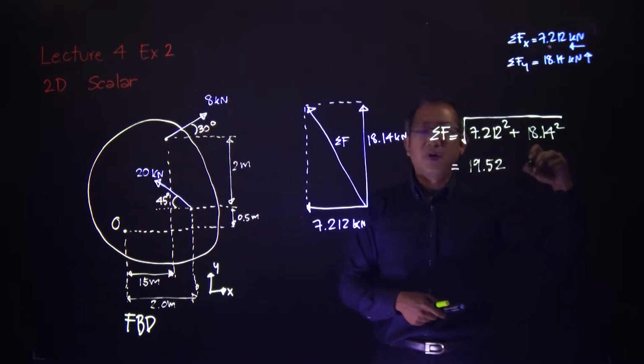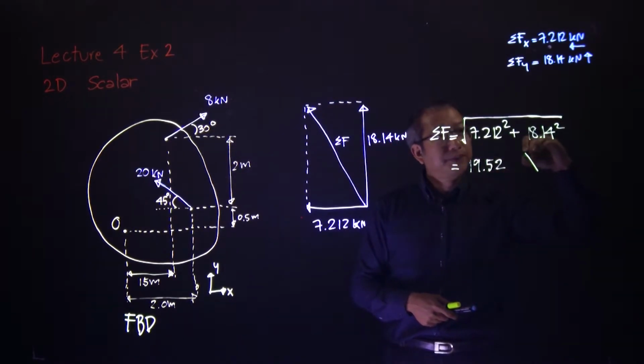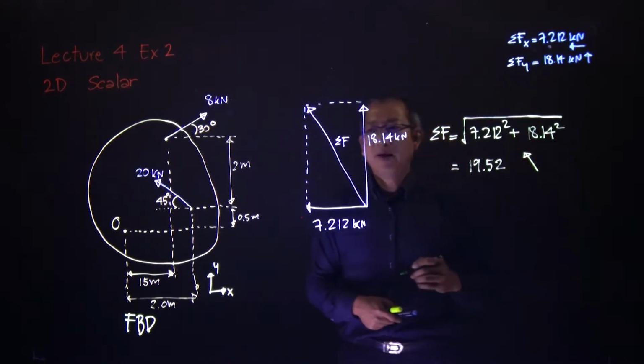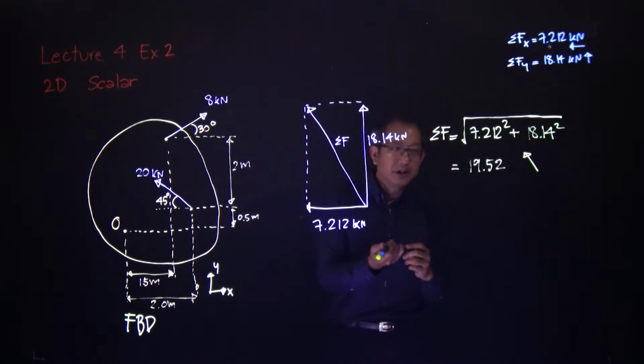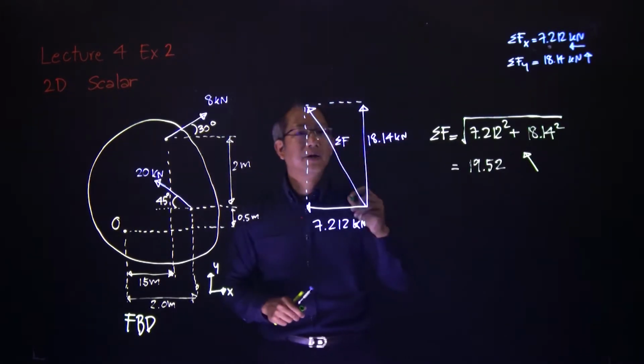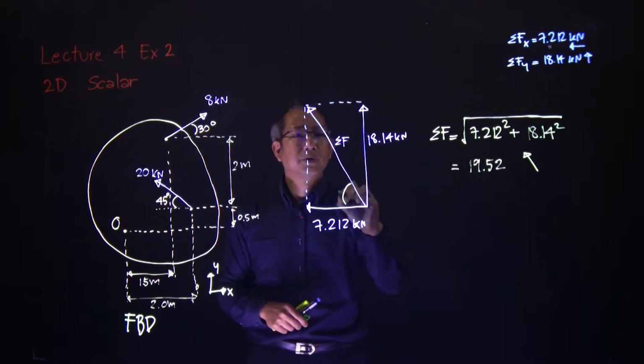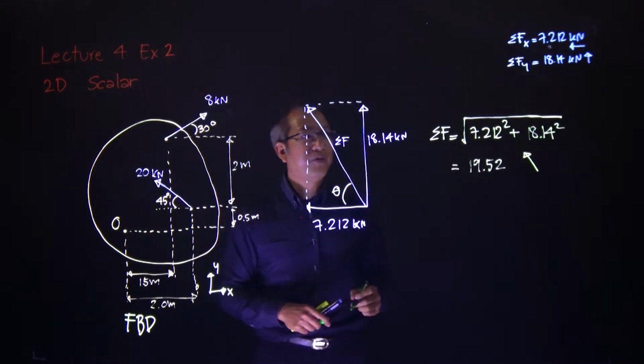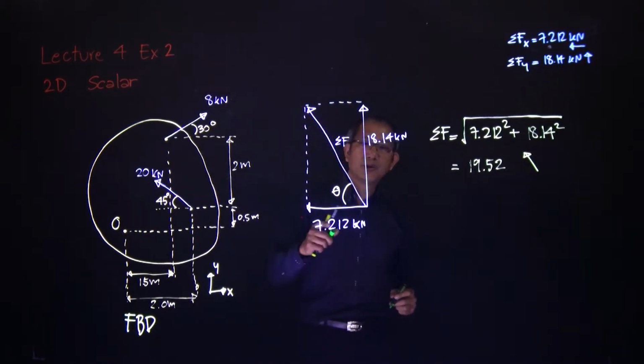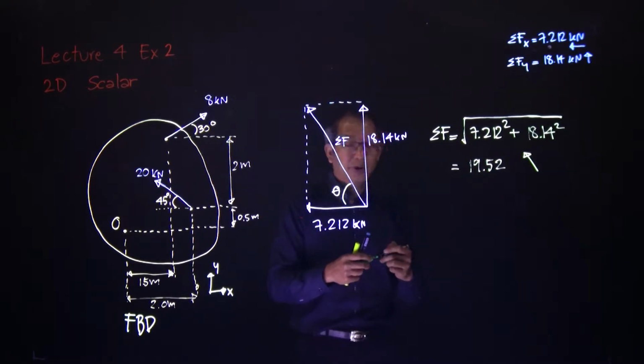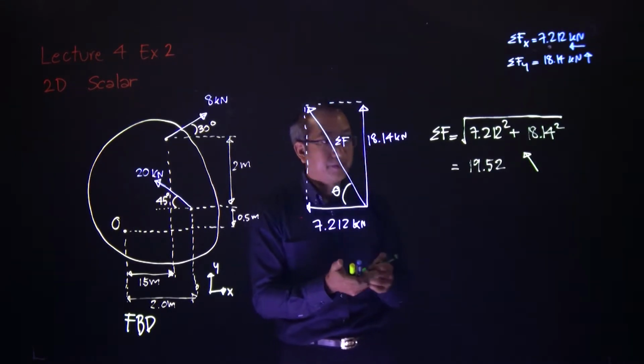The direction, of course, is that way, up and left. However, again, this is not specific enough. Therefore, we assign the angle theta so that we can be specific on what angle it makes to the x-axis, to the horizontal line.